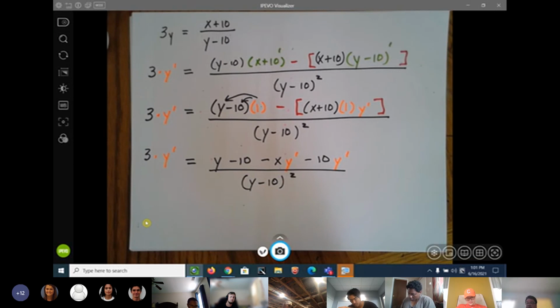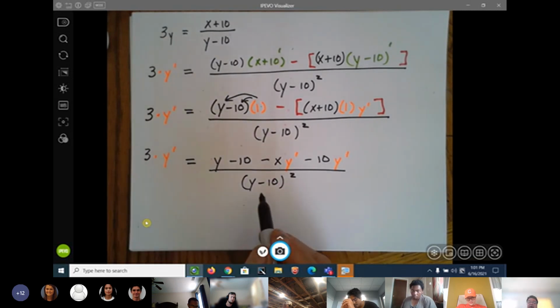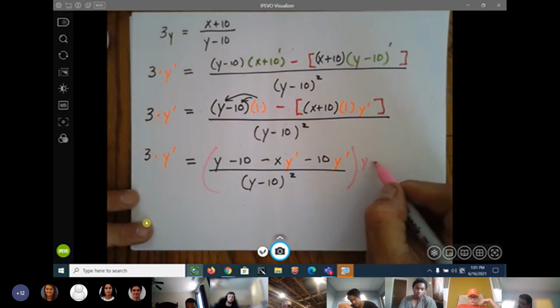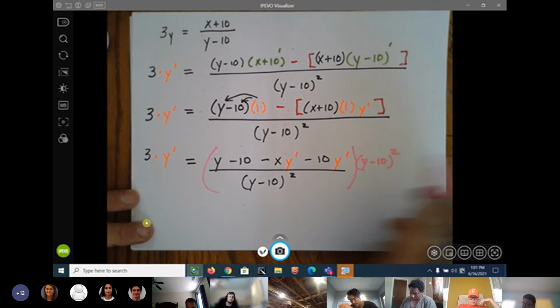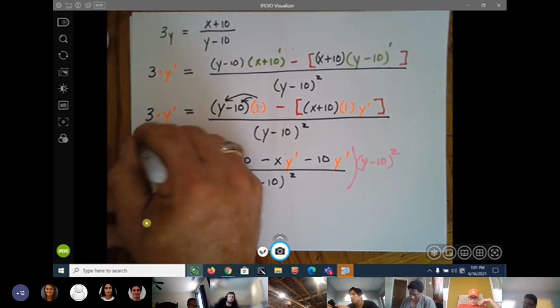Now, I'm not going to be able to do anything until I get rid of this y minus 10. So I'm going to multiply both sides by y minus 10 quantity squared. Everybody with me? Good gracious. Yep. This is a mess. So I've got to multiply by y minus 10 squared.